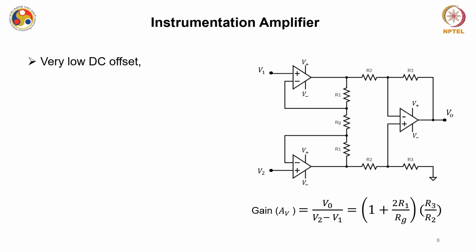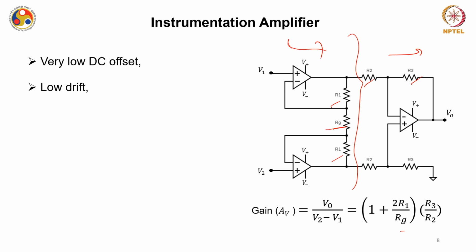One of the configurations I have shown where the gain can be given as (1 plus 2R1 by Rg) into R3 by R2, where Rg is placed over here and R1 are these two resistors, while R2 and R3 are placed over here. This part is sometimes known as first stage and this part is sometimes known as second stage.